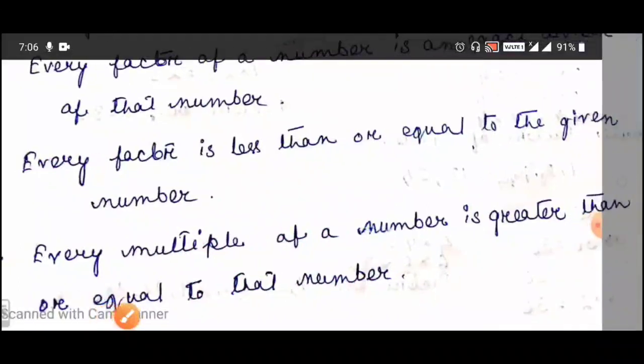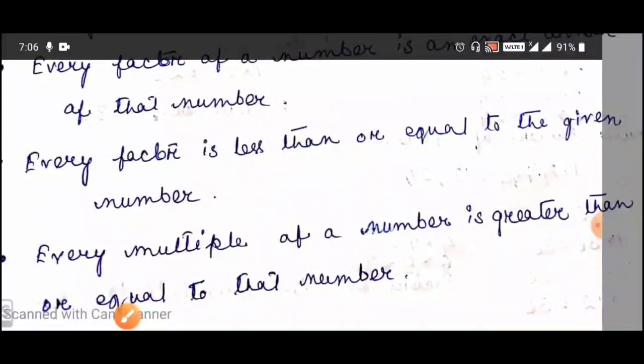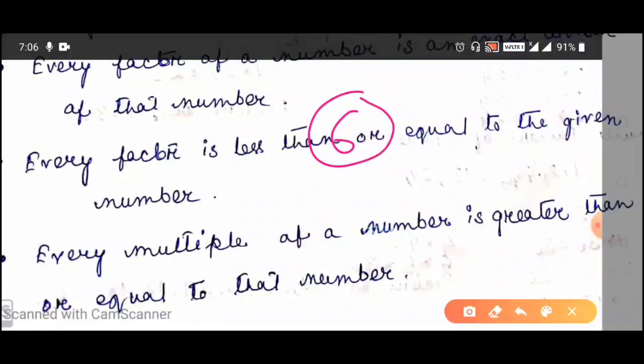Now the next one is every multiple of a number is greater than or equal to that number. Suppose we are talking about 6, then 6 is the multiple of 1, 6 is the multiple of 2, 6 is the multiple of 3, 6 is the multiple of 6.